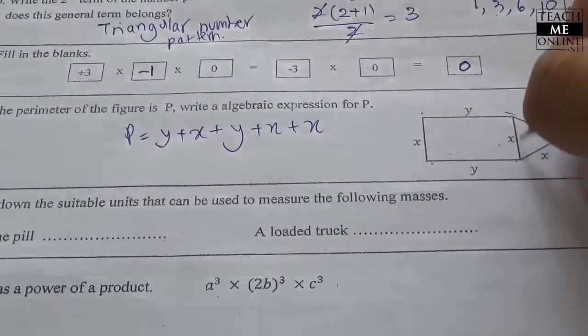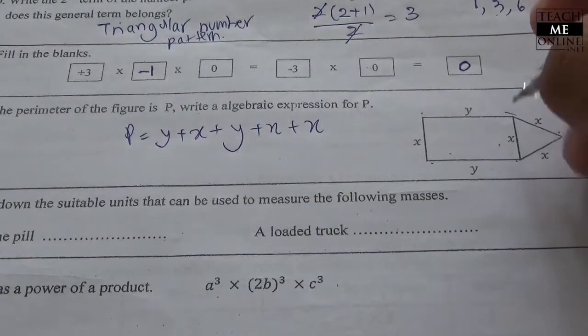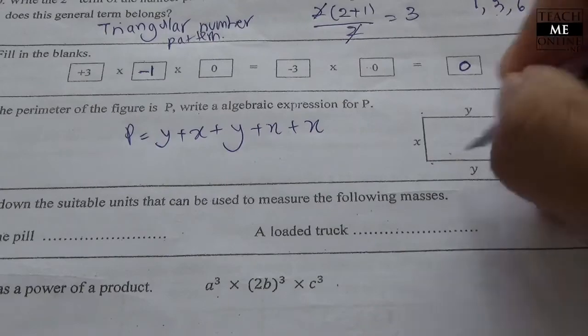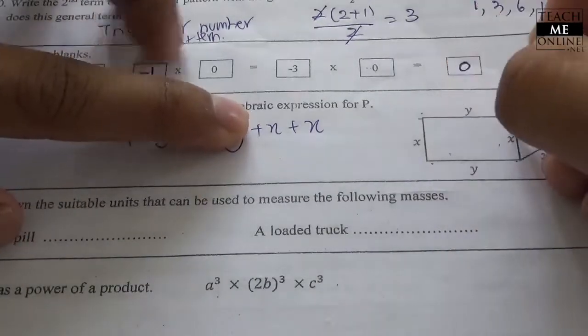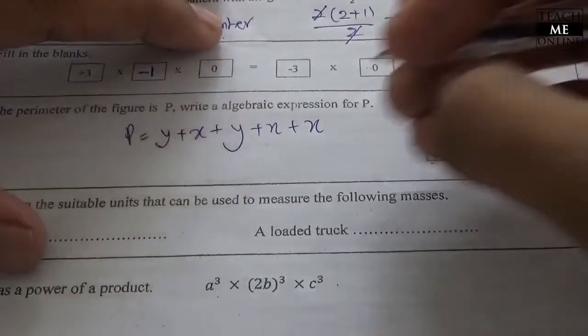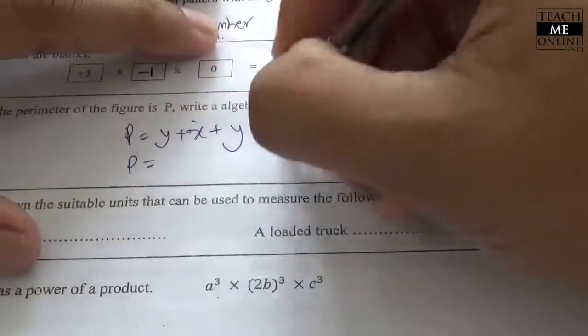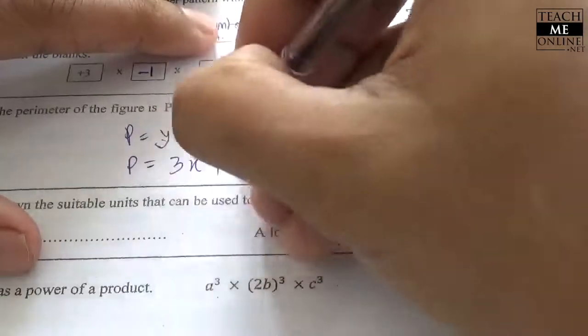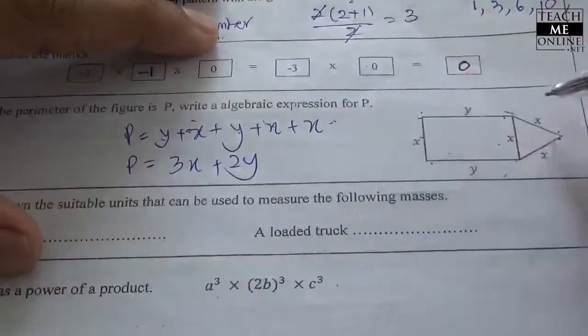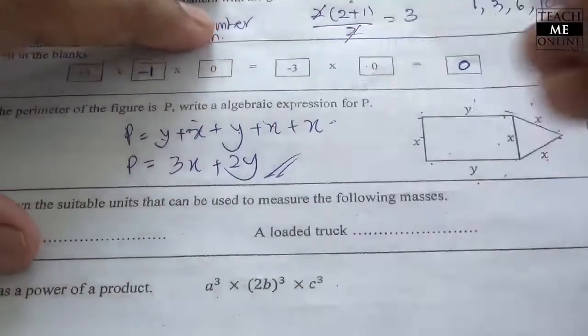We don't consider this x because this is an inner length, only the outer ones. So y plus x plus y plus x. So how many x's are there? 1, 2, 3. 3x plus how many y's? 2y. 1, 2. 3x plus 2y.